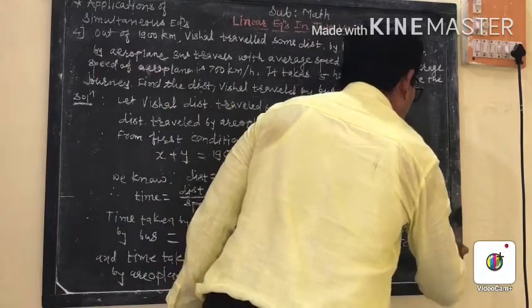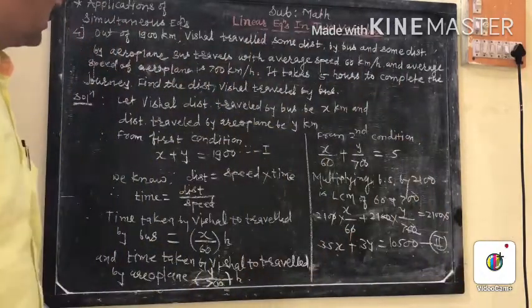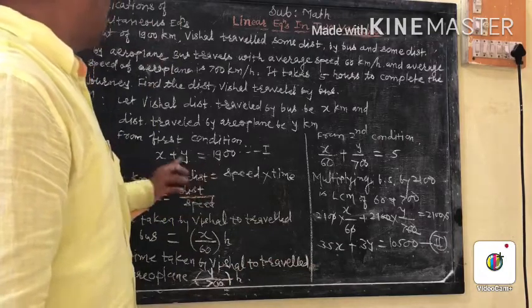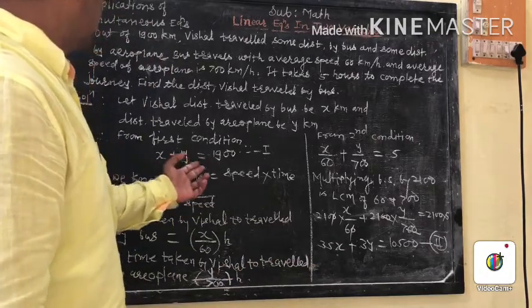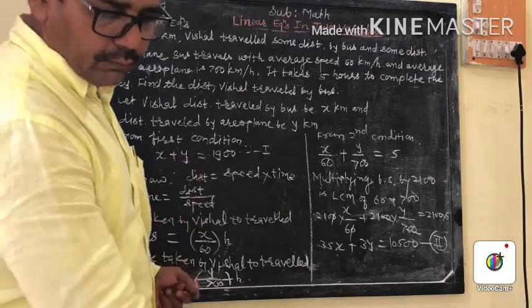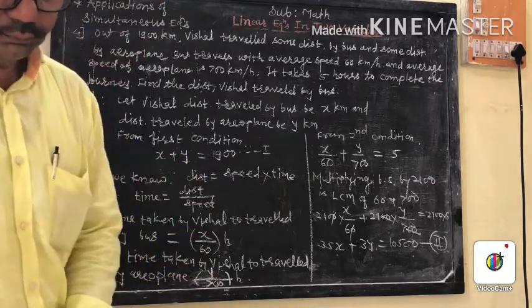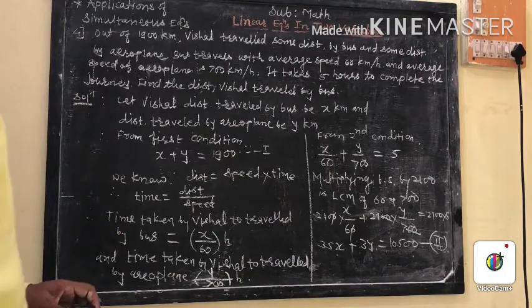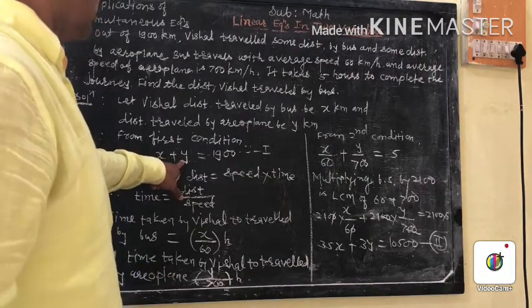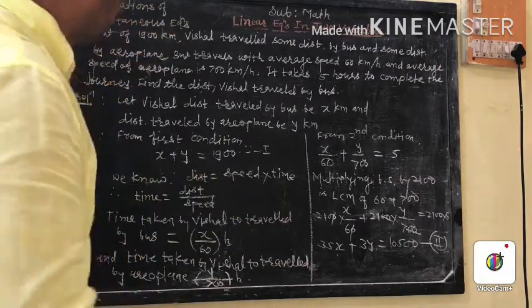We will solve these two equations, equation 1 and 2. These are simple equations. You can find the value of x by multiplying equation 1 by 3 and subtracting.